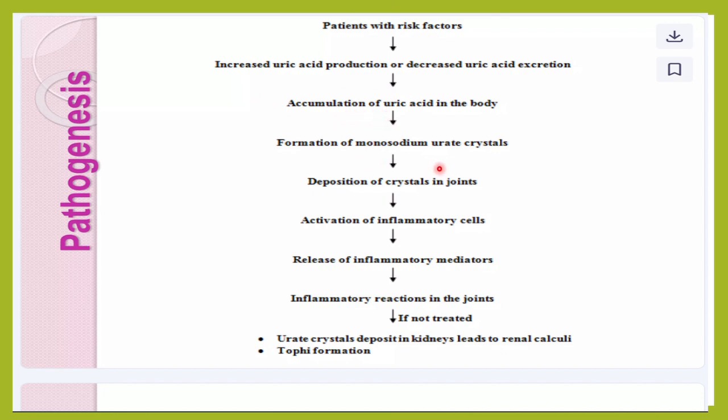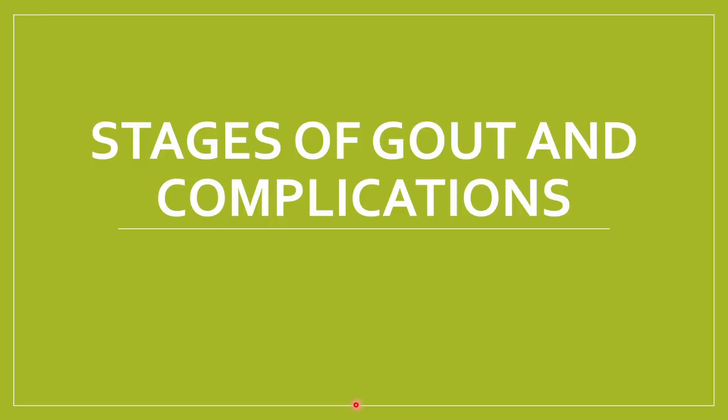This uric acid accumulates, forms monosodium urate crystals, and gets deposited in the joint. That will trigger the activation of inflammatory cells, and because of these inflammatory mediators, there will be damage to the joint, and the patient complains of all the symptoms of inflammatory arthritis.